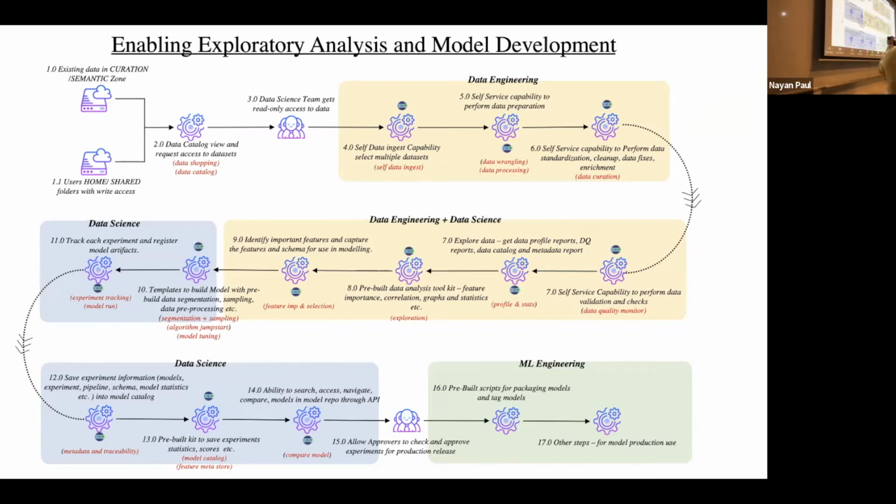Every time you build your model, you should register that experiment in an experiment registration process. And then you should also capture your metadata. You should also capture your traceability capability. You should create a model catalog. And once you go through the loop where you've got the data, you start building an experiment, you register the experiment and metadata, you create a model catalog, and finally, you start comparing those models.